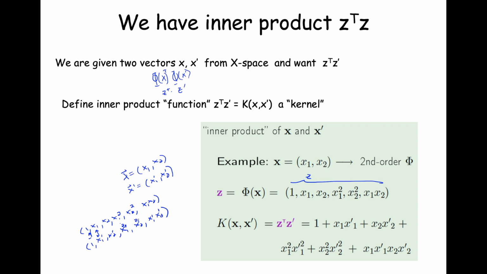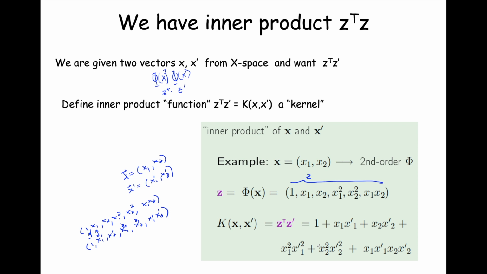Okay, x2 squared times x2 prime squared. That's this term. And then lastly, we have x1 x2 times x1 prime x2 prime. So we can just group together the first feature, the second feature. That gives us x1 x1 prime, x2 x2 prime. So there's our inner product. Okay. So this kernel function, through a polynomial expansion of degree 2, through this nonlinear mapping into Z space, computes the inner product in Z space.